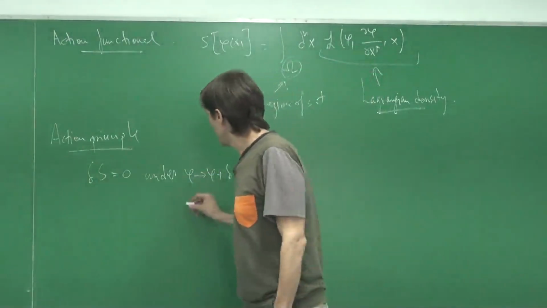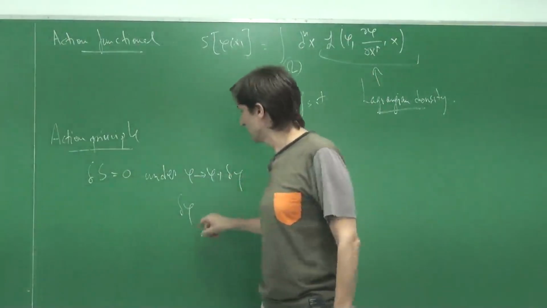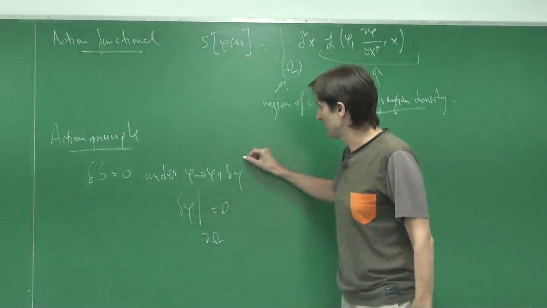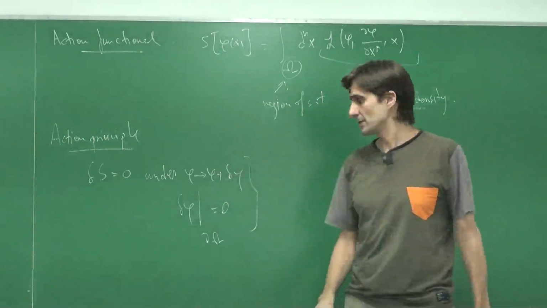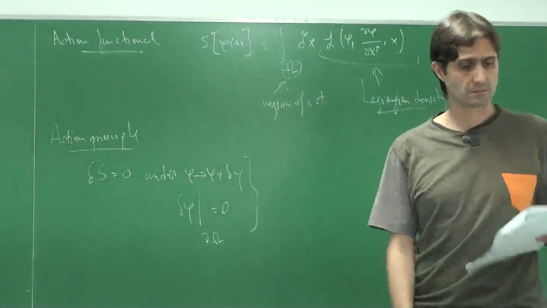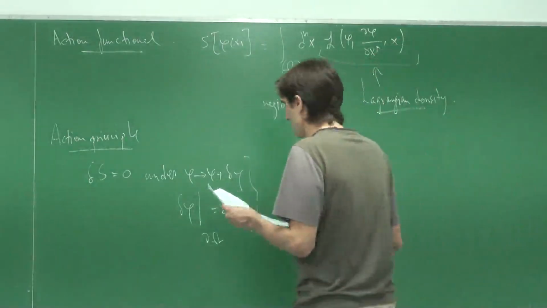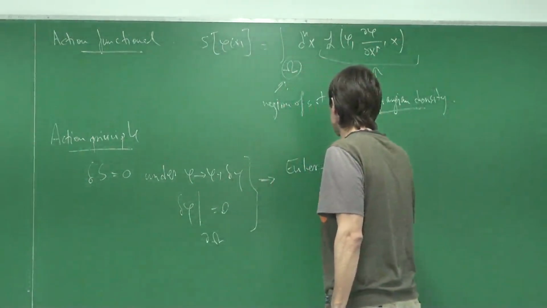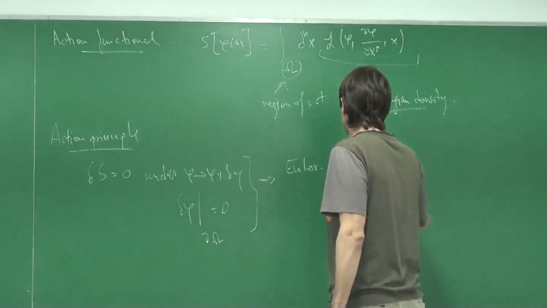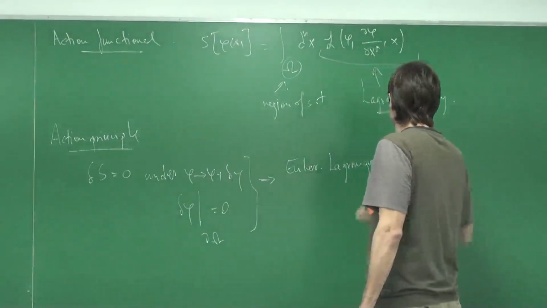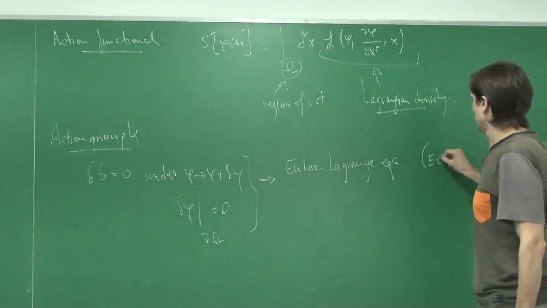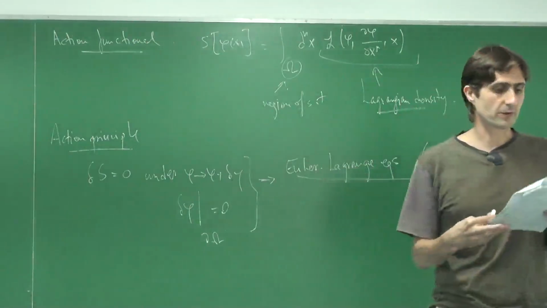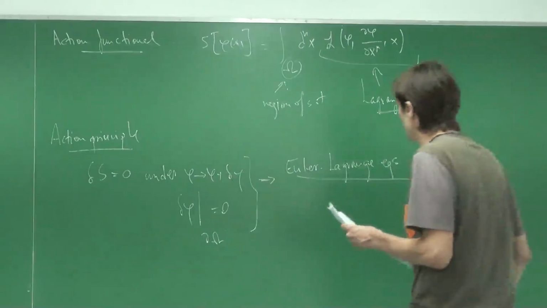And we're going to impose also that the variation of the fields on the boundary of your region omega is 0. So this gives you the Euler-Lagrange equations, or EOM, which just means equations of motion for the field phi.